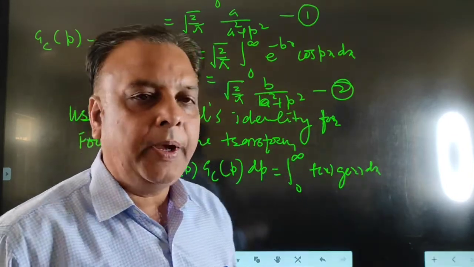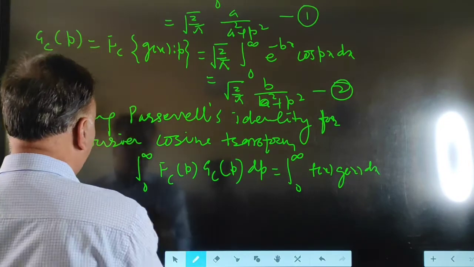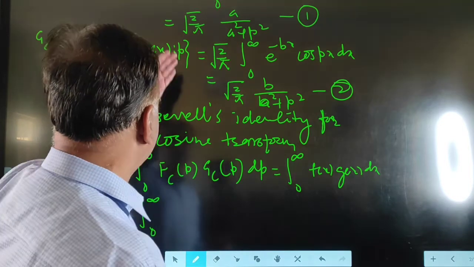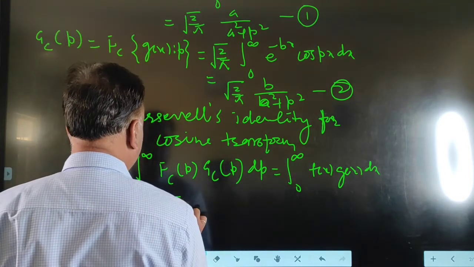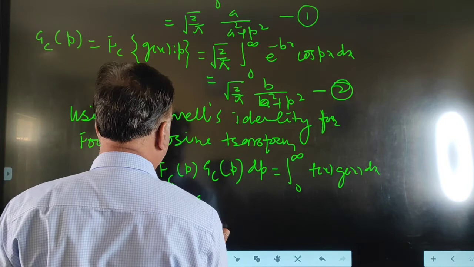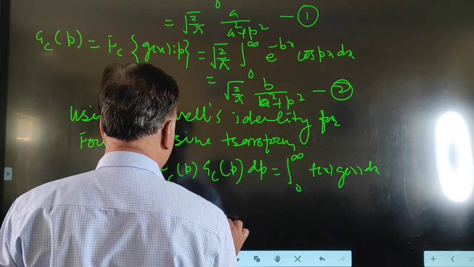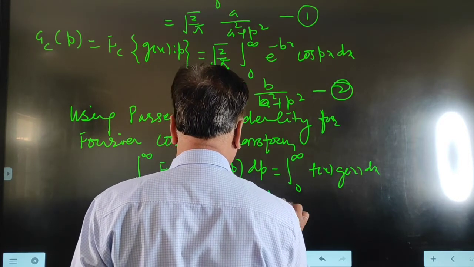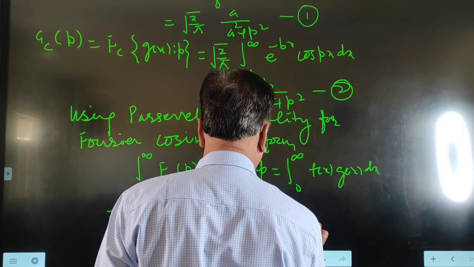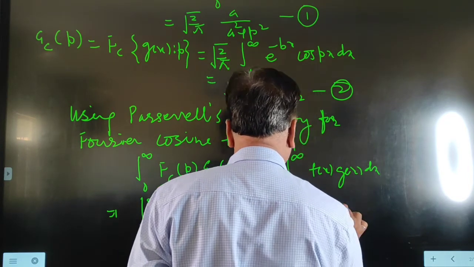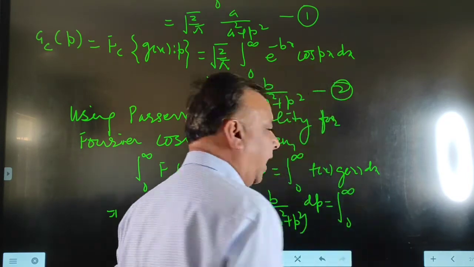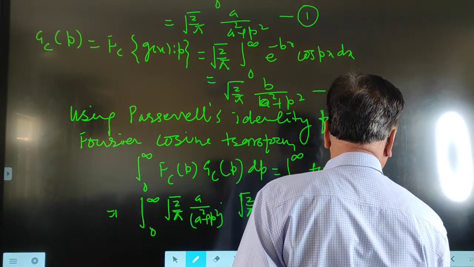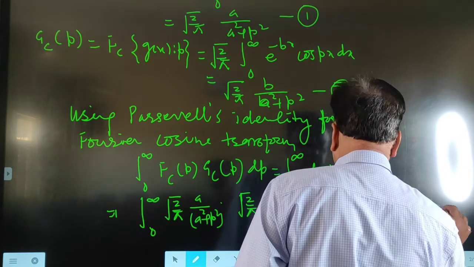So putting the values of f(x), g(x), Fc(p) and Gc(p), we get integral 0 to infinity, Fc(p) is root 2 upon pi into a upon a square plus p square, Gc(p) is root 2 upon pi into b upon b square plus p square, into dp. This is equal to integral 0 to infinity f(x) into g(x), f(x) is e raised to minus ax, g(x) is e raised to minus bx dx.